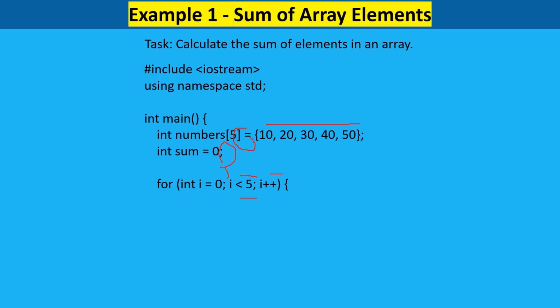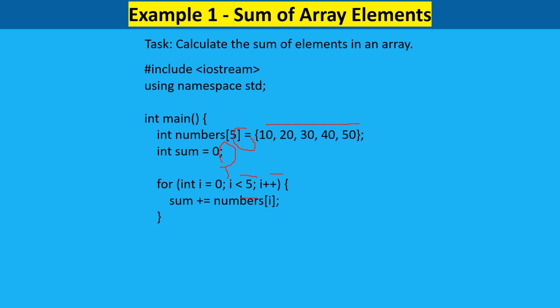The i++ increases the value of i by 1 after each iteration. Sum += numbers[i]. Inside the loop, this line adds the current element of the numbers array, accessed using numbers[i], to the sum variable. Initially, sum is 0, as we said, and it will accumulate the sum of all the array elements during the loop.